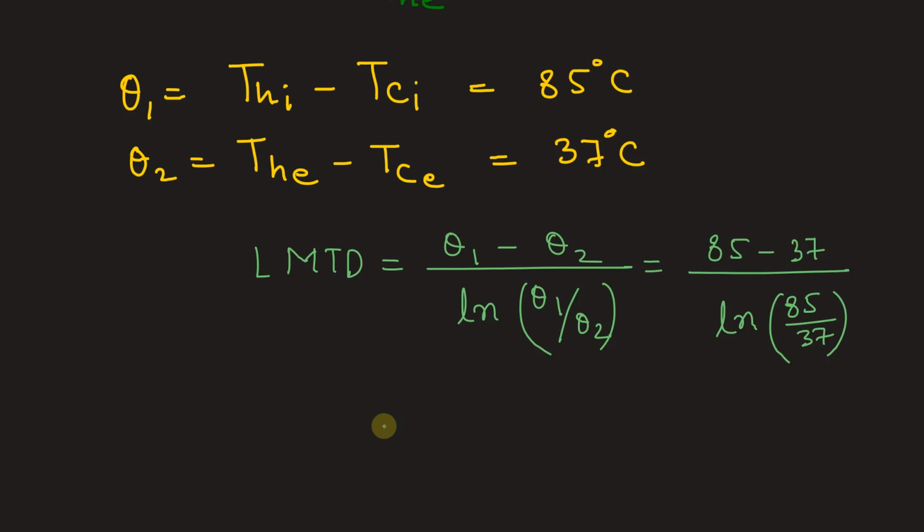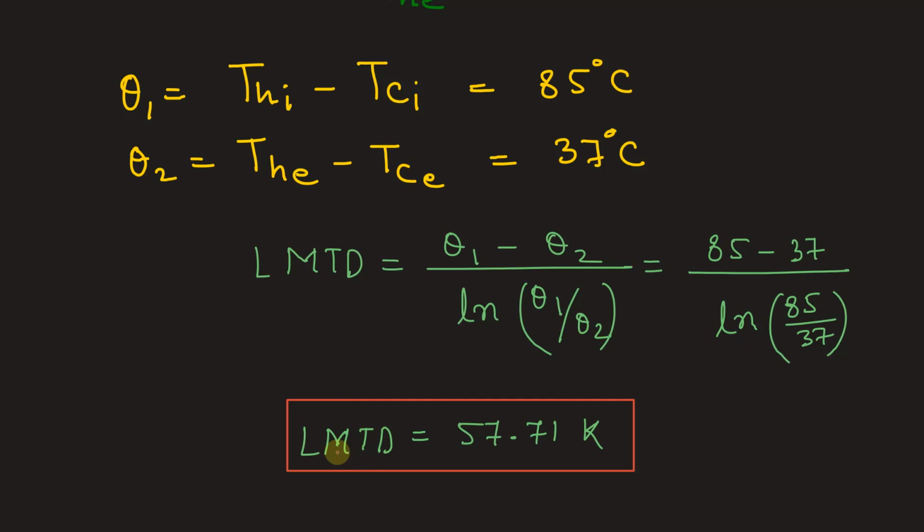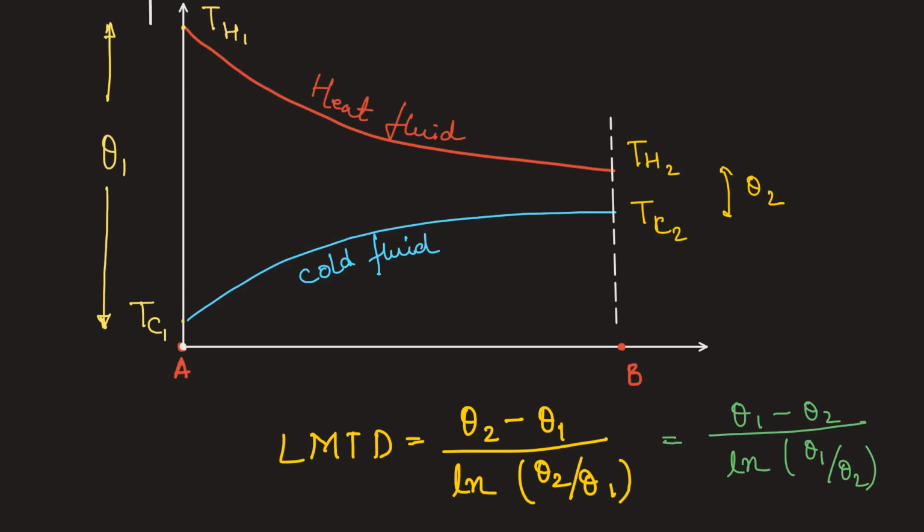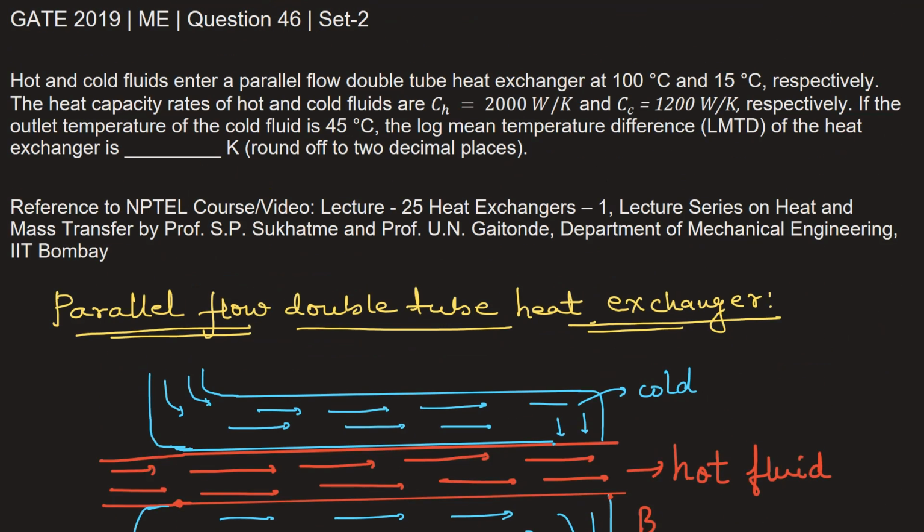When you calculate this value, LMTD comes out to be 57.71 Kelvin. You can use a calculator for this calculation. So the final answer we are getting is LMTD equal to 57.71 Kelvin.